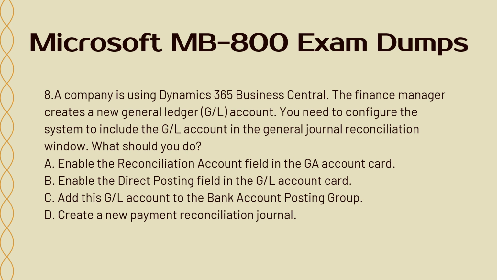A. Enable the reconciliation account field in the GL account card. B. Enable the direct posting field in the GL account card. C. Add this GL account to the bank account posting group. D. Create a new payment reconciliation journal.